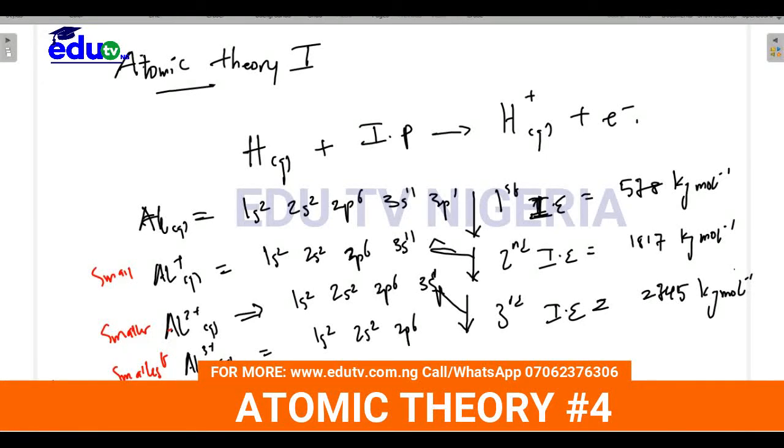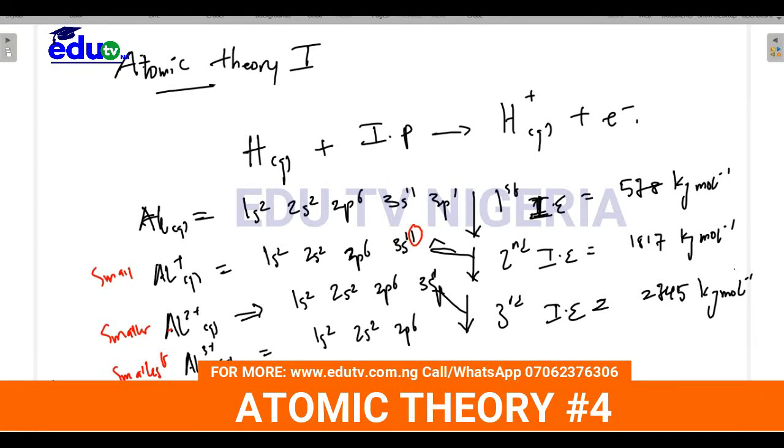To remove one of these from here is very difficult, not compared to removing this one, because it's much closer to the nucleus, even with half filled, because half filled is still stable. I don't know how stable compared with fully filled, but it's still very stable.